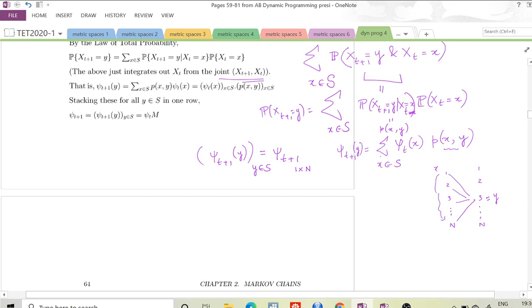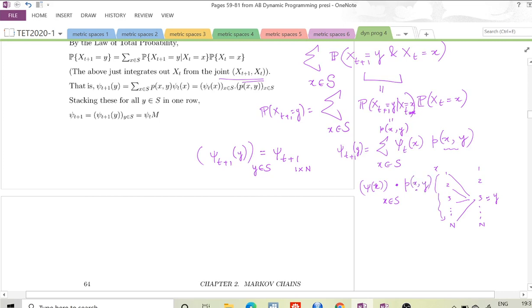So I can look at this as a dot product, that I have all the ct of x's across all the n states, and I dot that with the transition probabilities, the probability that the state xt plus 1 is equal to y, given that the state xt is equal to x.